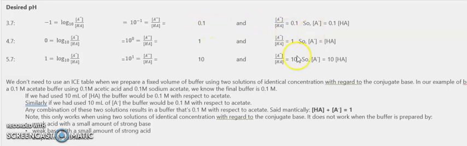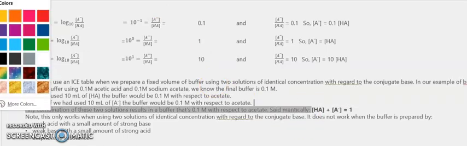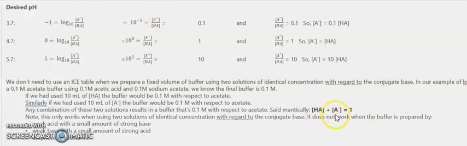And if we use that simplifying term that HA plus A equals 1, then we can take these expressions and substitute them in for the A value here, and then solve that.